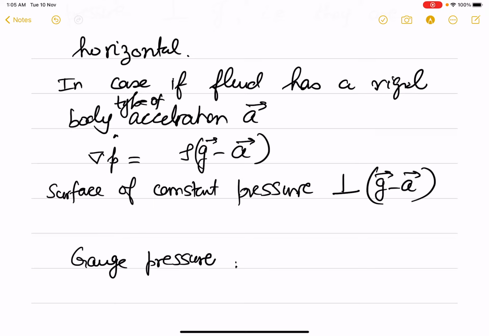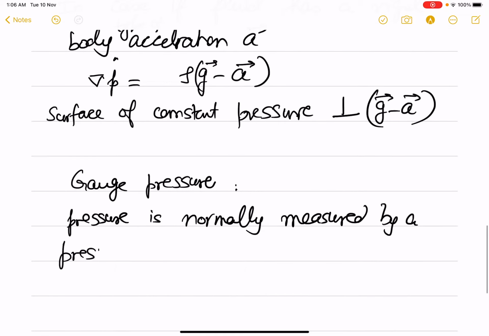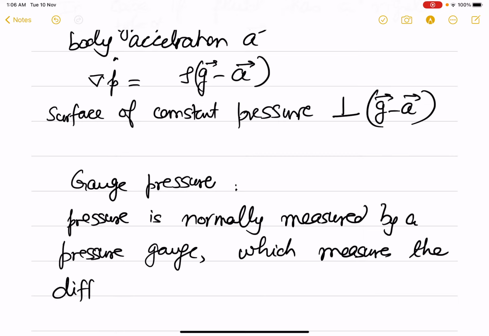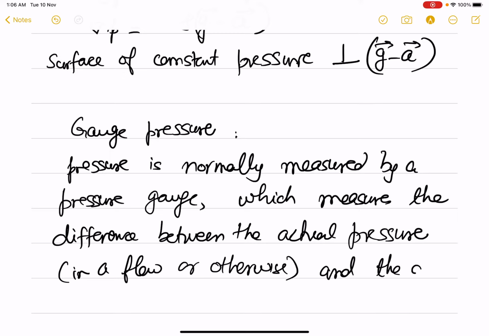This definition comes because pressure is normally measured by a pressure gauge, which measures the difference between the actual pressure, let us say in a flow or otherwise, and the atmospheric pressure.